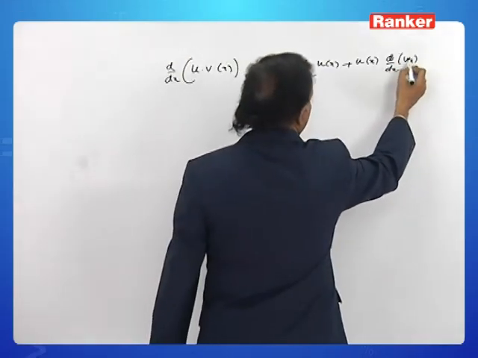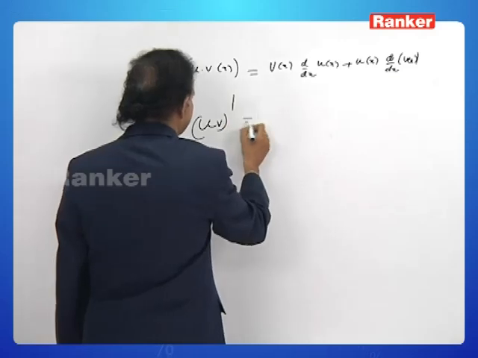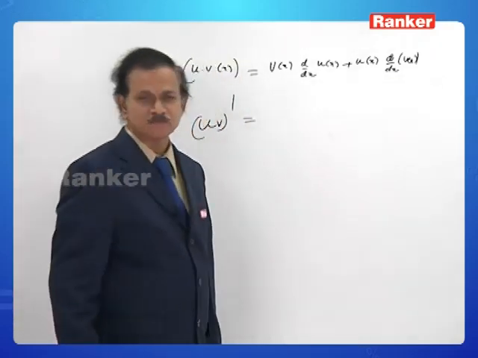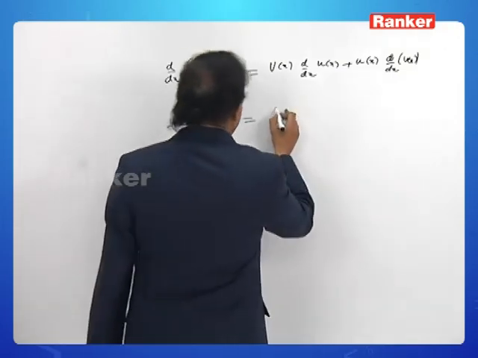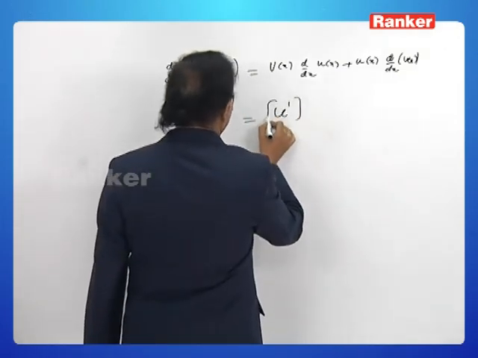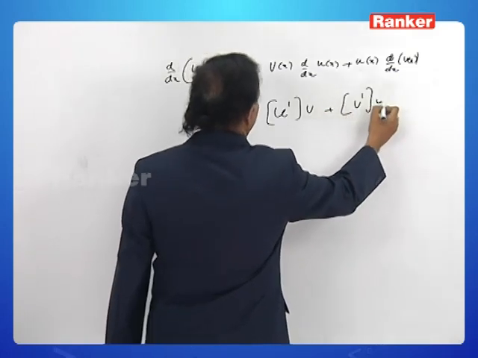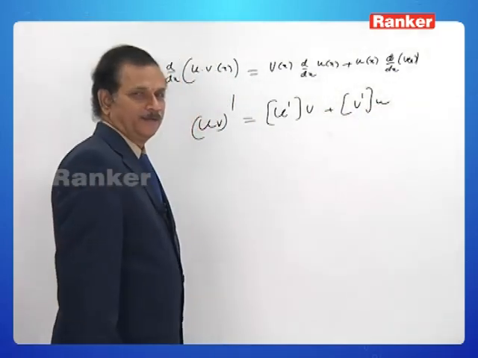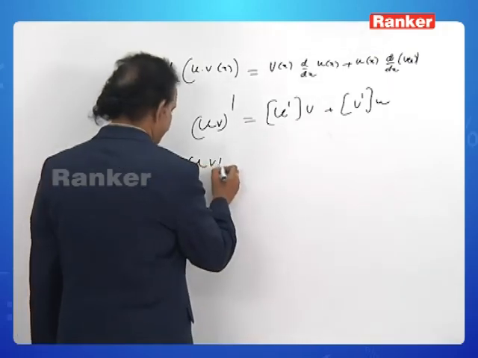In very short form, (uv)' whole dash. Whole dash means derivative of uv. u dash into v, v dash into u. Now you can extend this also, (uvw)'.